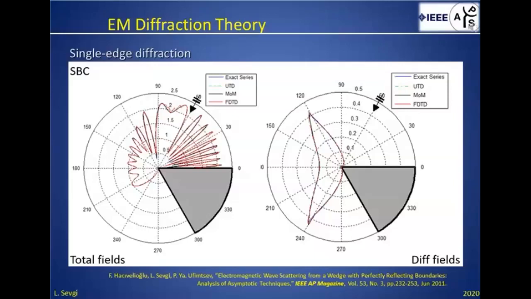UTD is a high-frequency mathematical approximation, method of moment is a frequency domain method, and FDTD is a time domain method, and they agree very well. Next slide, please.